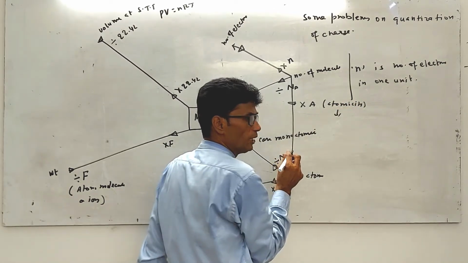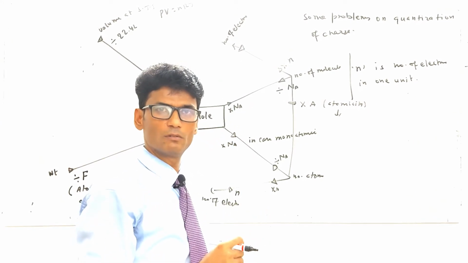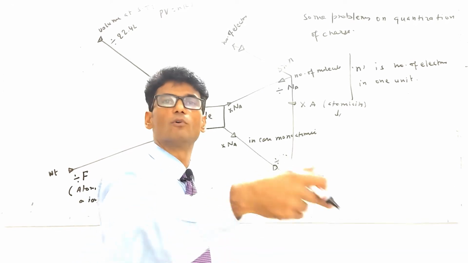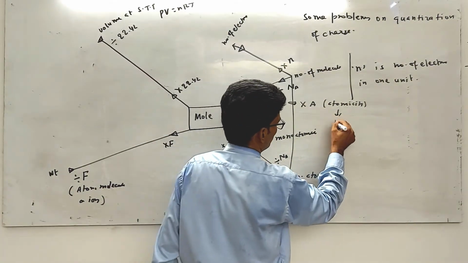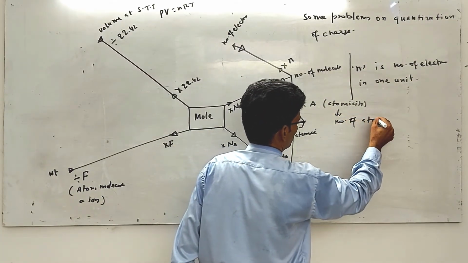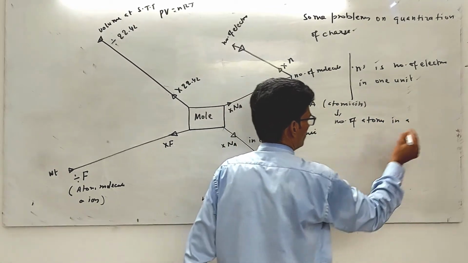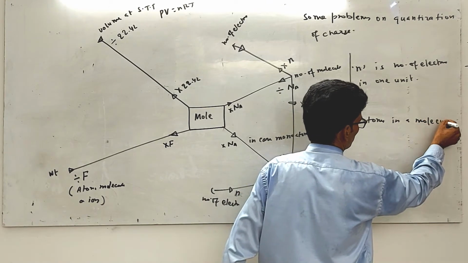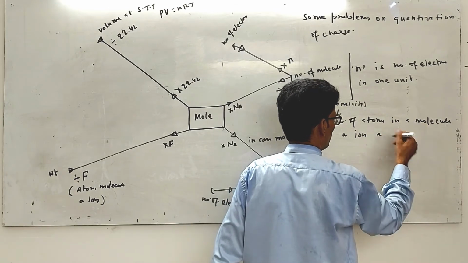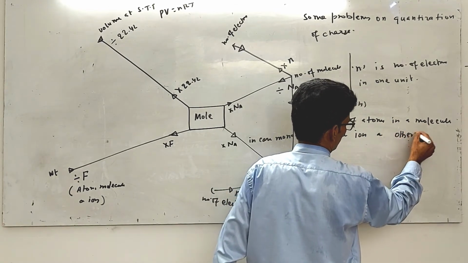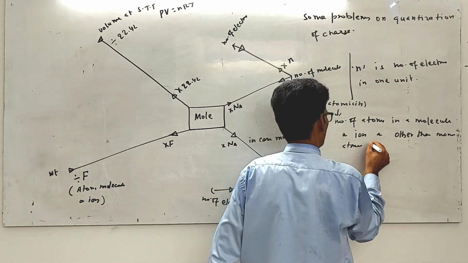It is the number of atoms in a molecule or ion, other than a monoatomic element.